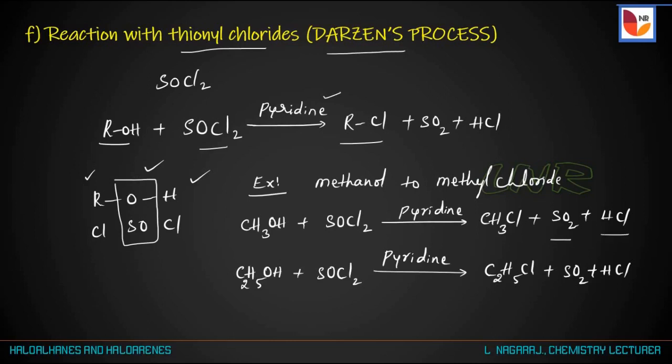This method cannot be applied for the preparation of alkyl bromide and alkyl iodide, since SOBr2 is unstable. That is, SOBr2 is not stable, and SOI2 does not exist.